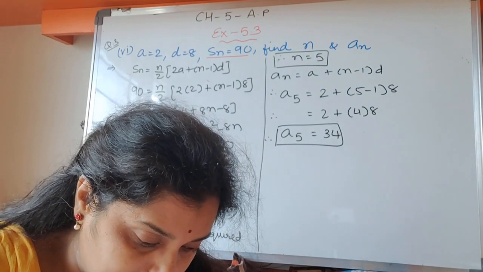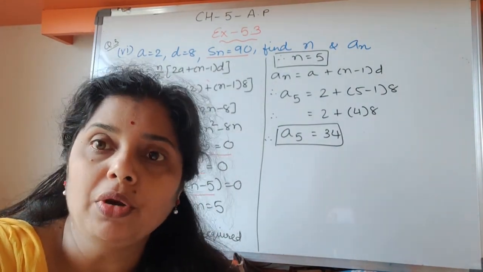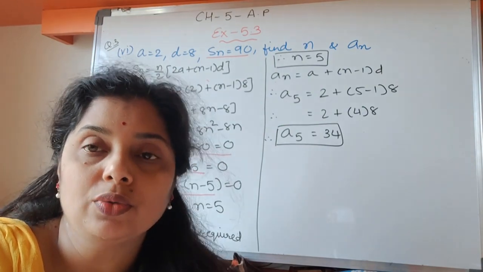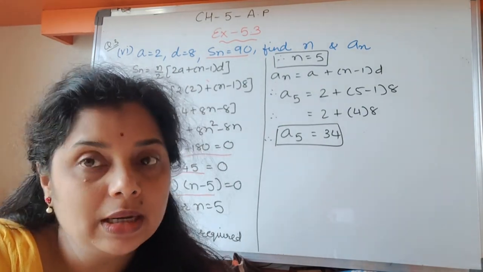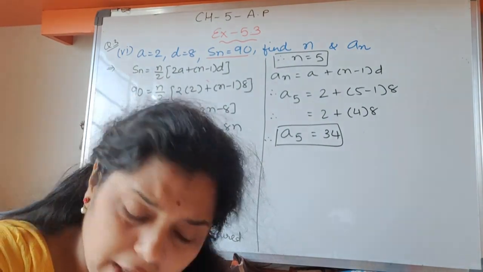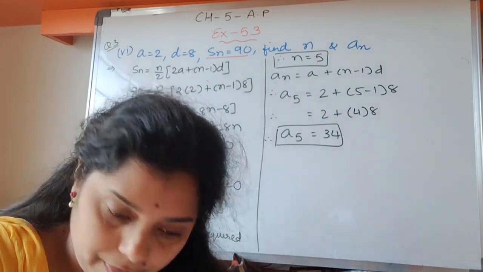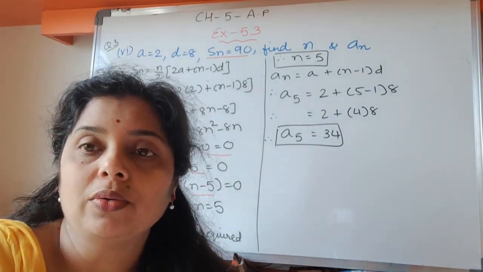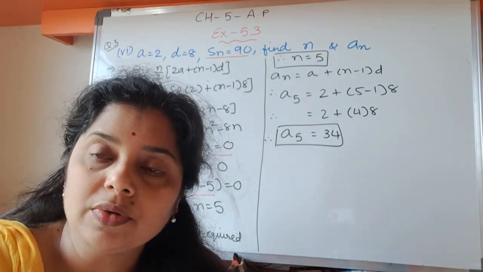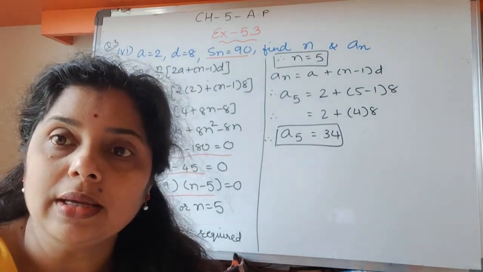And after getting the value n, we can put it into the formula an is equal to a plus n minus 1 into d. We already have an, which is 62, a also we have, which is 8, n we already got, and therefore we can find the value d. By this way you can go through the seventh one. Let's move to the eighth one.